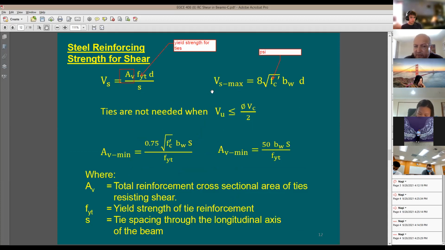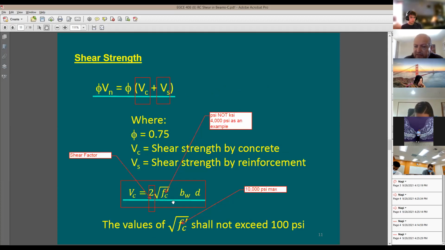So here you're going to say, okay, the concrete strength, let's say 100 kips. I'm just throwing out some numbers. Vc equals 100 kips. I did some analysis: Vc equals 100 kips, just for the sake of discussion. So good.